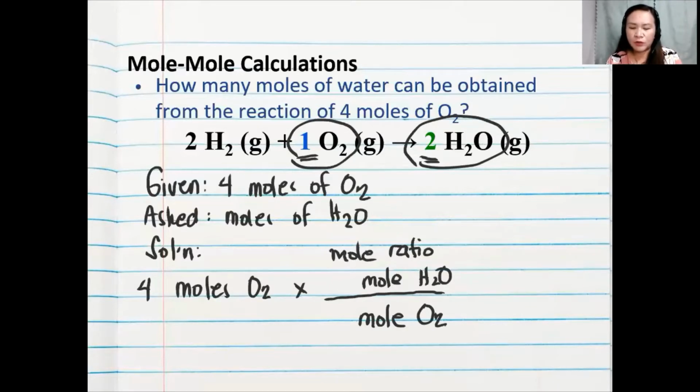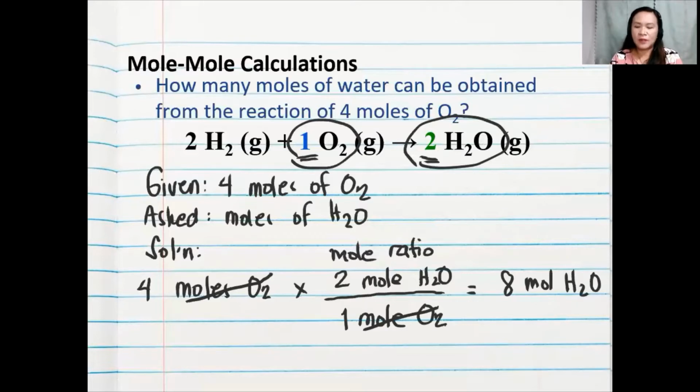For the water, we put 2, and for the oxygen, we put 1. And so this one will cancel, and this one will also cancel. And so now we get 8 moles of water.